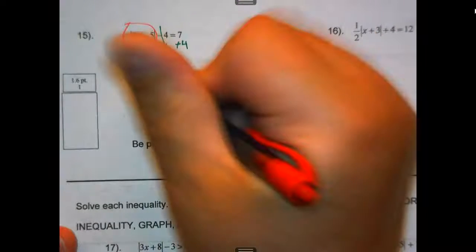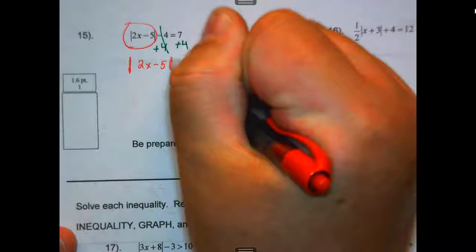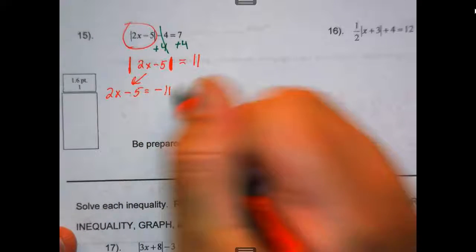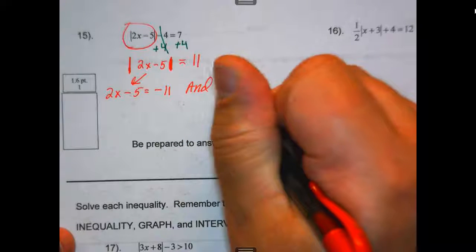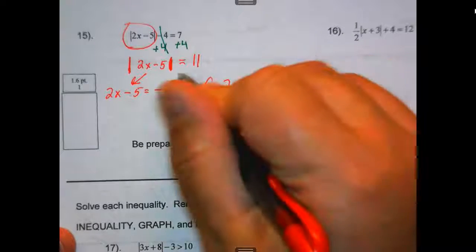So I have the absolute value of 2x minus 5 equals 11. Now split it up. 2x minus 5 equals the opposite of 11, and or, I don't care which one you use. And 2x minus 5 equals positive 11.